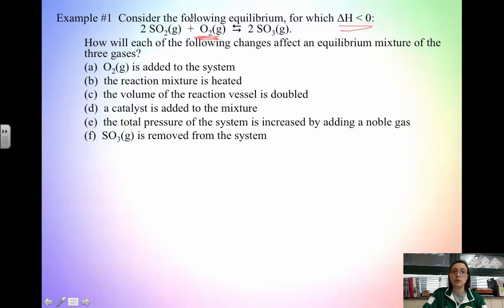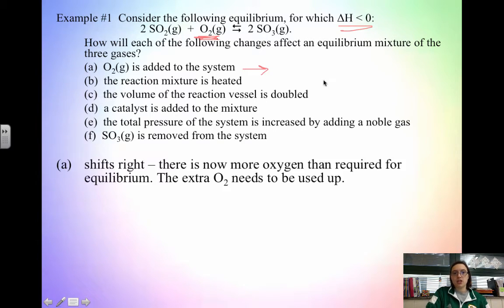We need to use up this reactant that we added, so we have to use up the reactant to make more product. So we say that equilibrium shifts to the right. We now make more product because there's too much oxygen to be at equilibrium, so that extra O2 needs to be used up. So we're using up SO2 and O2, and we're creating more SO3.